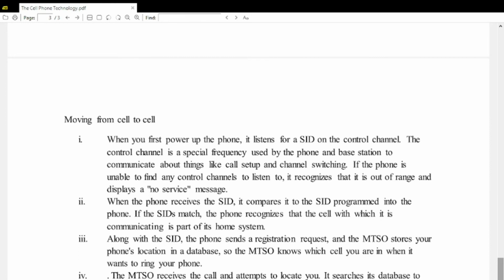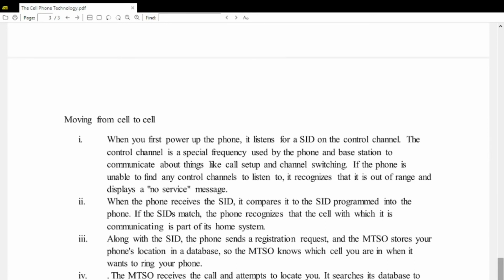Where are you in a particular cell where you are operating from, or where you are at that moment. Now, after your phone has sent the registration request, the MTSO has saved your phone location in its database.